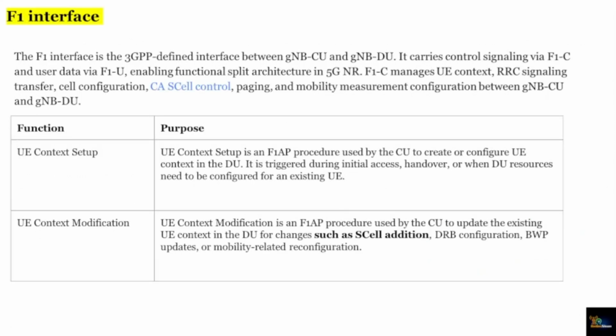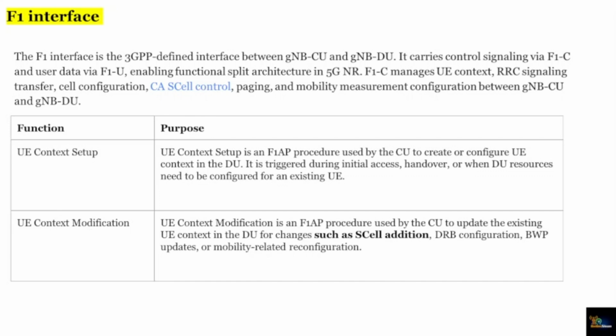And the next topic is the F1 interface. Why does F1 come in? The F1 interface is a 3GPP-defined interface between CU and DU. It carries control signaling via F1-C and user data via F1-U, enabling the functional split architecture in 5G NR.